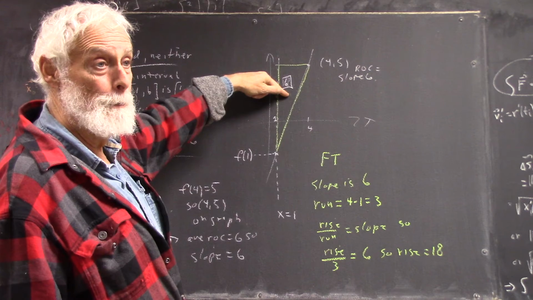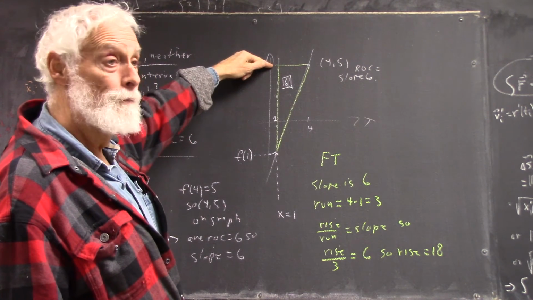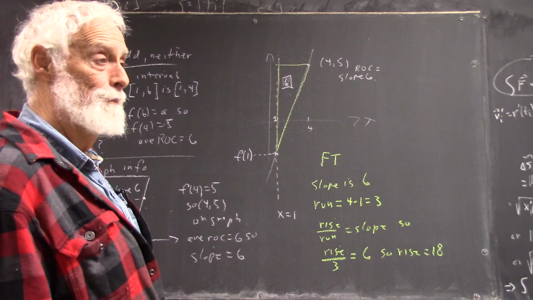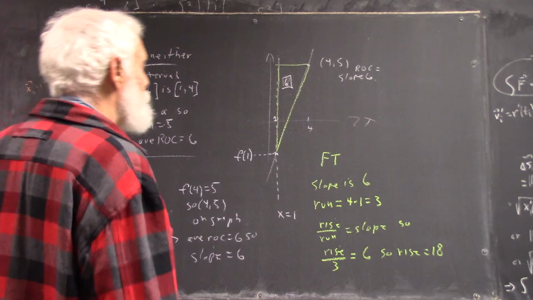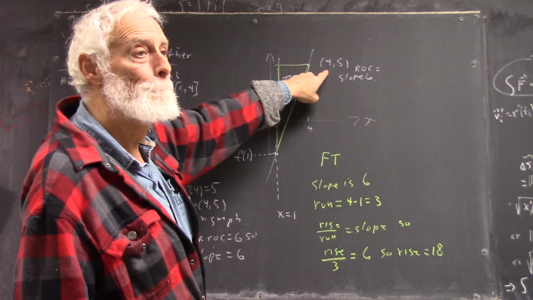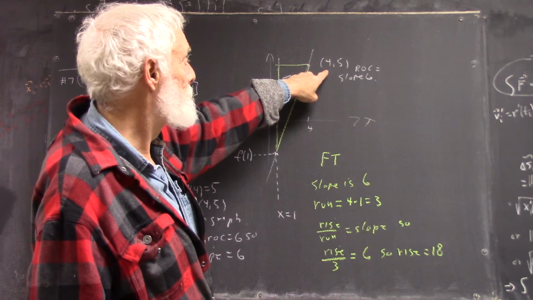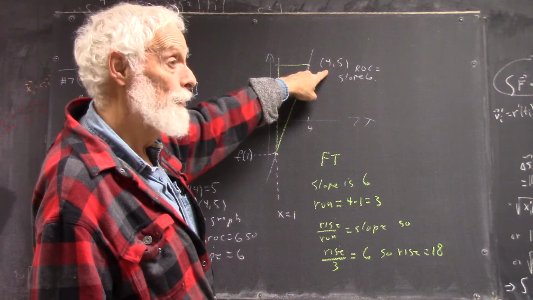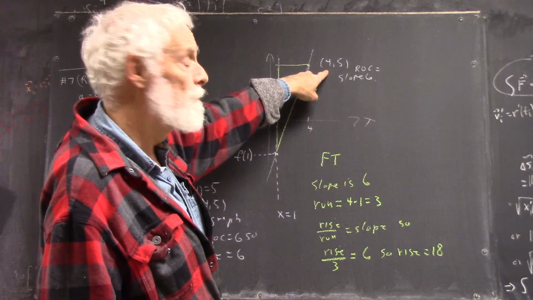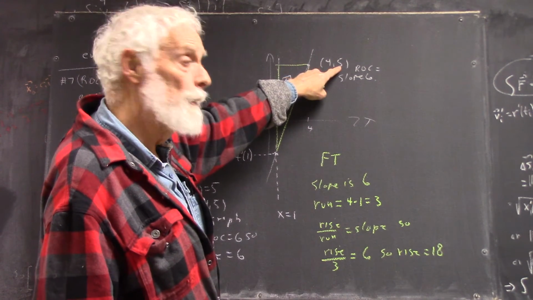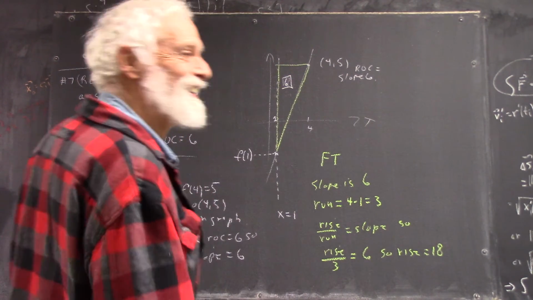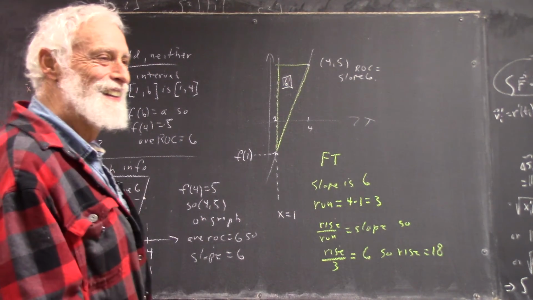That's a slope, right? What are the coordinates at this point? So what's the y-coordinate at this point? No, 5 is the y-coordinate.